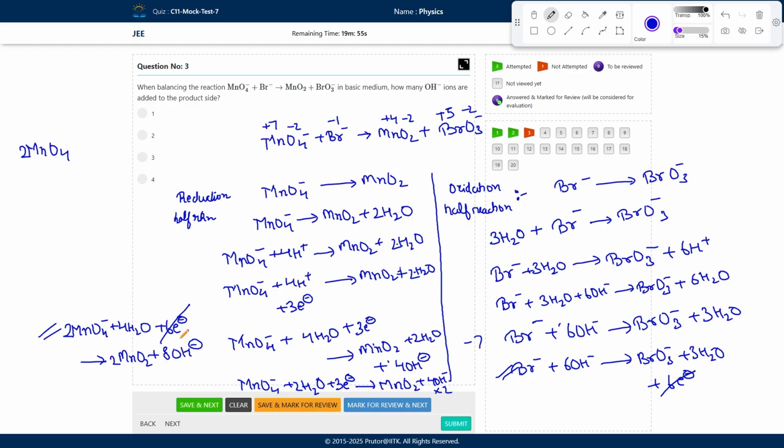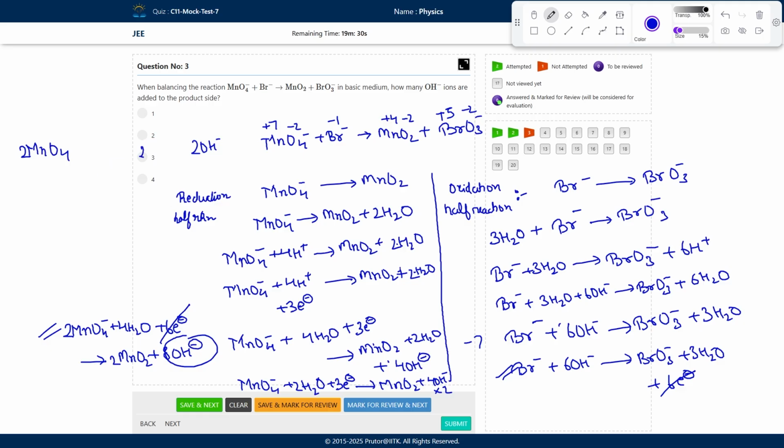There are 8 OH minus on the right hand side for the reduction half reaction, whereas in the case of oxidation half reaction, there are 6 OH minus. When you add, 8 minus 6, so 2 OH minus will be present on the right hand side.